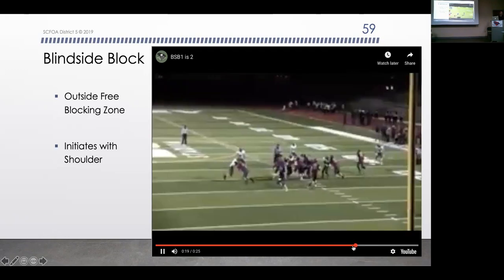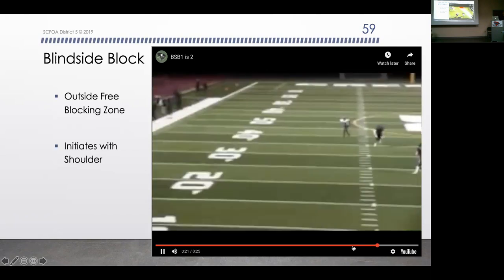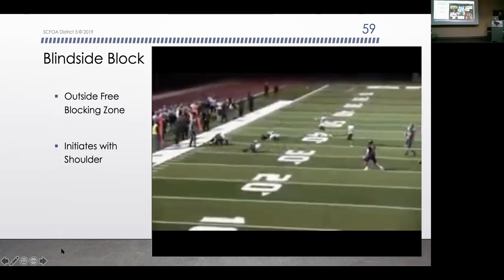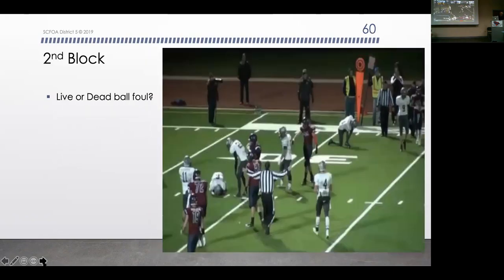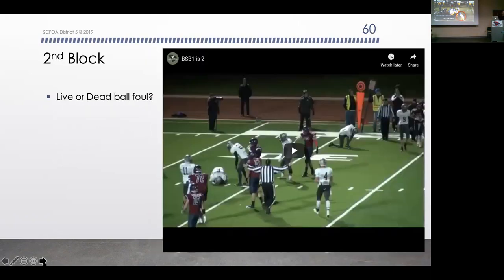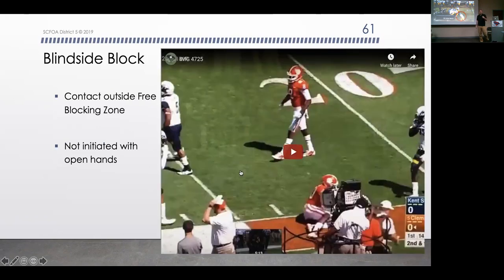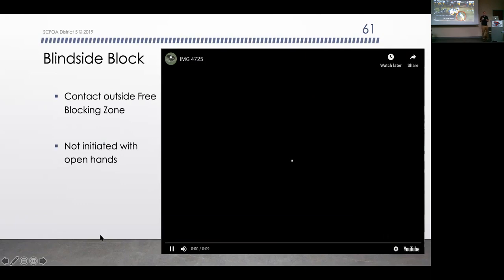So by rule, George, in high school, this would be an illegal block. And we're so ingrained to think if they hit him in the front, it's okay. No, it's not okay with this blindside block. It's just not okay. But when is the blindside block allowed?